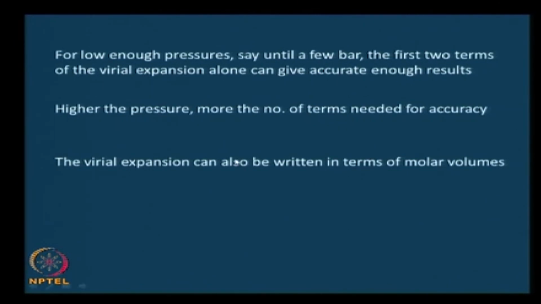The virial expansion, as we said, is nothing but a power series expansion. It can be written in terms of molar volumes also. For example, Z can be written as 1 plus C2 by V plus C3 by V squared plus C4 by V cubed plus C5 by V power 4 and so on.